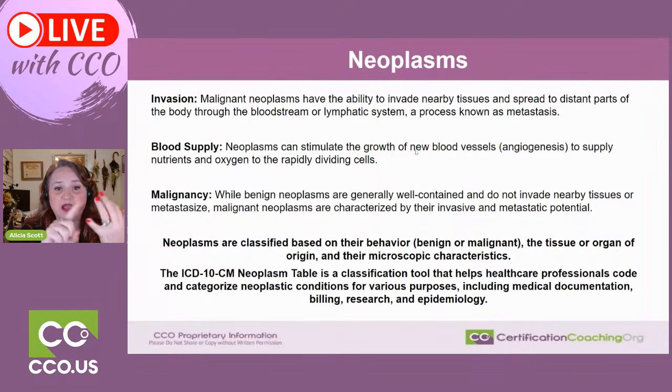So we have benign and malignant, and the tissue or organ of origin and their microscopic characteristics. So the pathologist is the one who is going to determine what the cells are, whether they're benign or malignant. That's their expertise, looking at cells and other types of tissue.